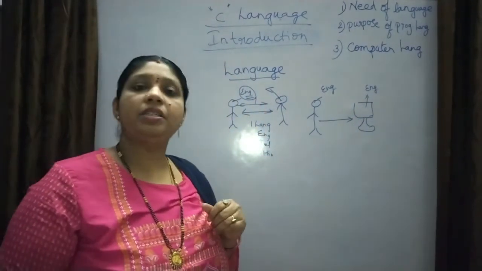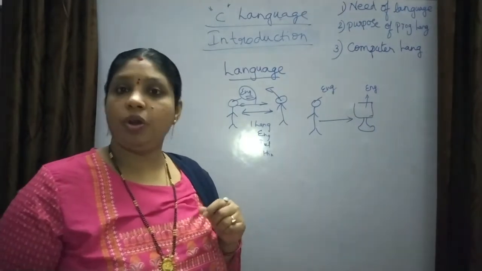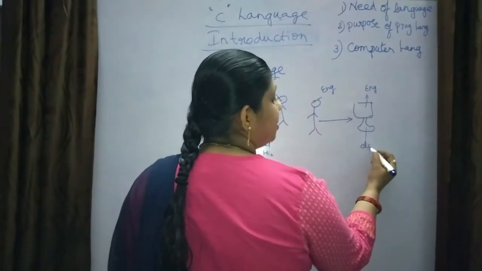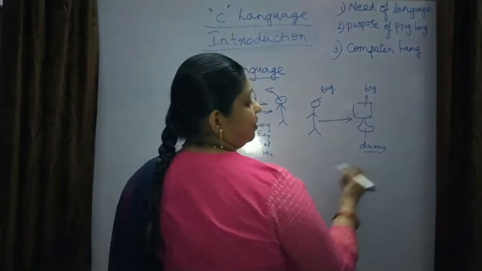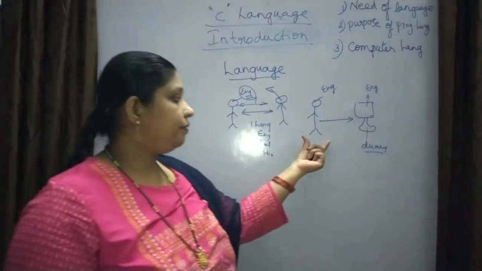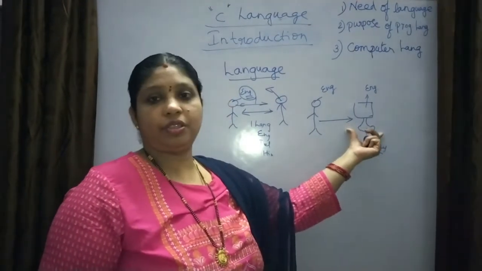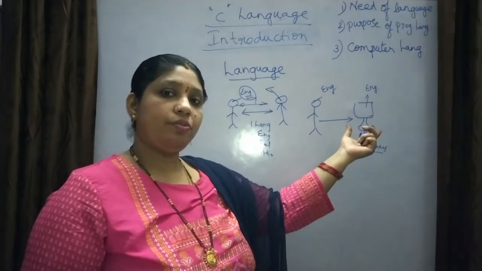No, it doesn't know English or Telugu or Hindi. Why? Because this is a dummy machine. If this person operates this machine, then only it works. Otherwise, it will not work.